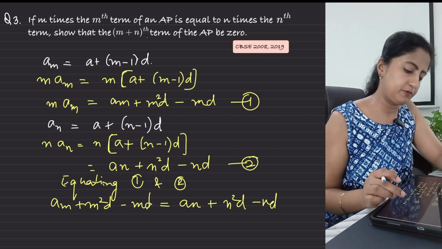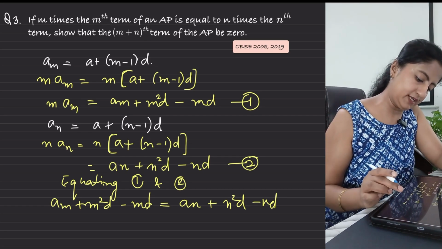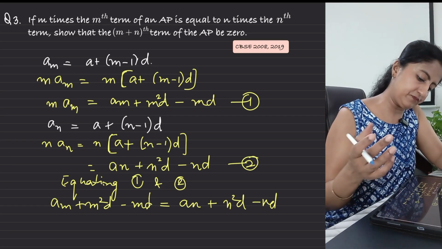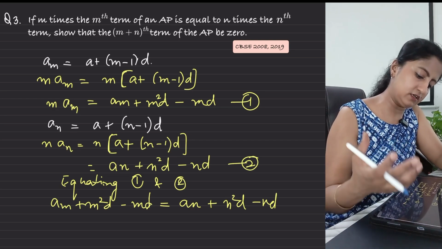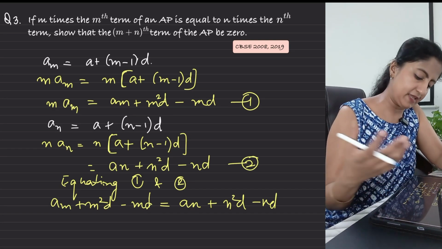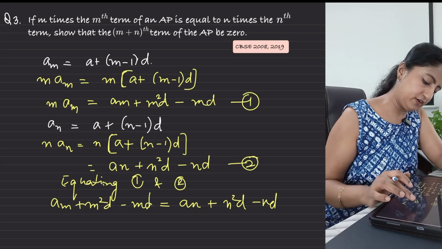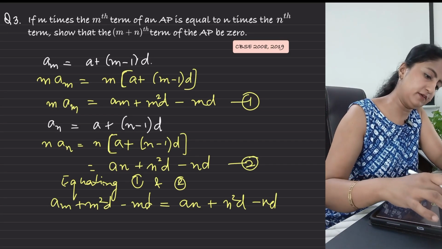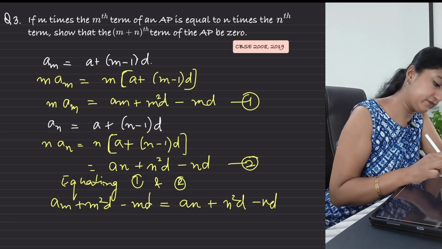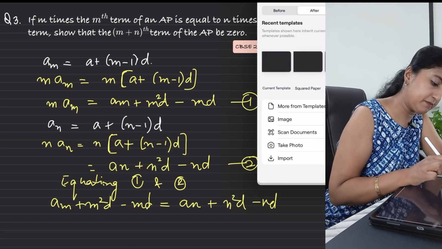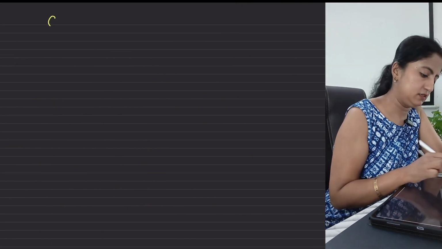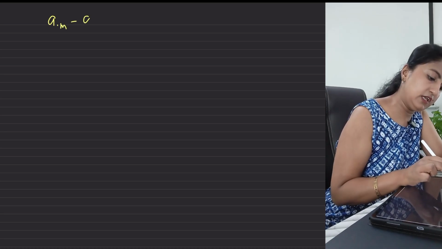Okay, so we are supposed to do this way now. We are equating it. So what we get is, I will collect the terms belonging to a on one side, and I will collect all the terms belonging to d on the other side. So now we will rewrite this expression by shuffling it, and this becomes am minus an equals.